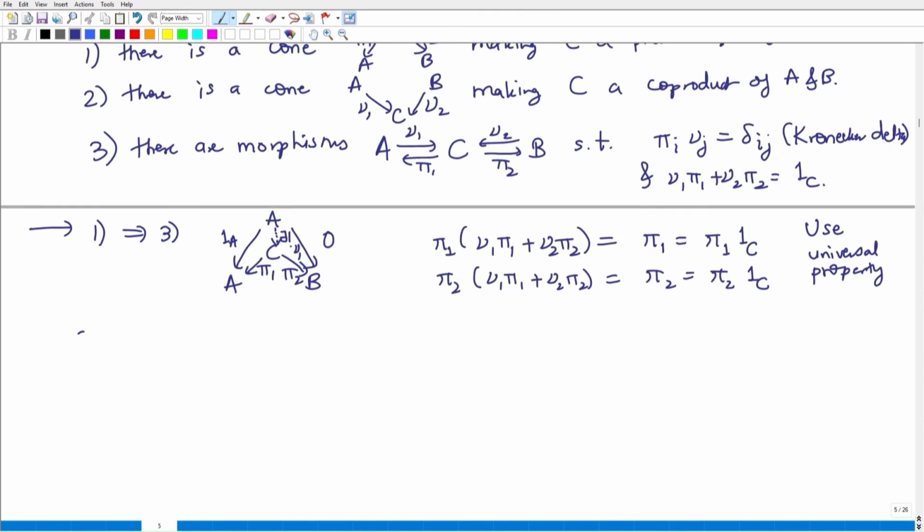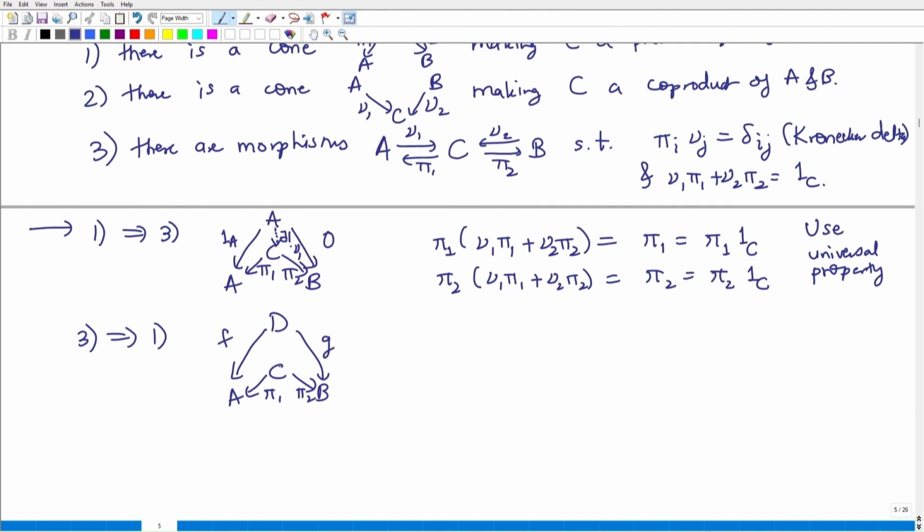Okay. What about 3 implies 1? So now we are given these morphisms. We have to show that there exists a unique factorization, like it's a product diagram. Okay, so suppose we are given this A B. This is definitely a cone, nothing doubtful about that. But then we are given some D and some morphisms, let's say F and G from here.